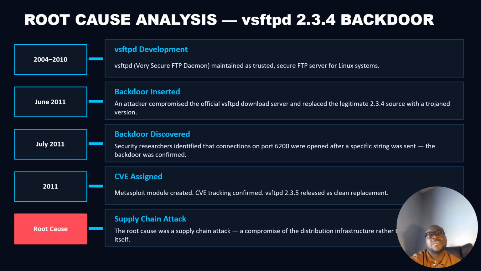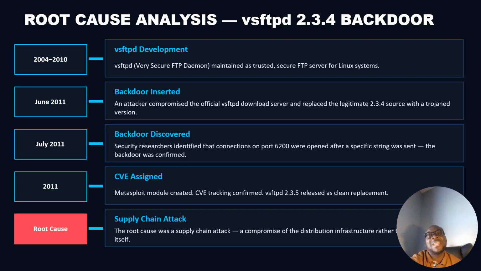Security researchers discovered this in July 2011, and the backdoor was quickly removed. The root cause is categorized as a supply chain attack. The software itself was sound, but the distribution infrastructure was compromised.